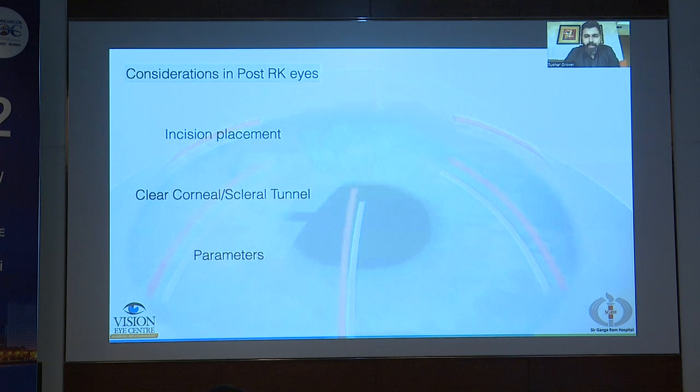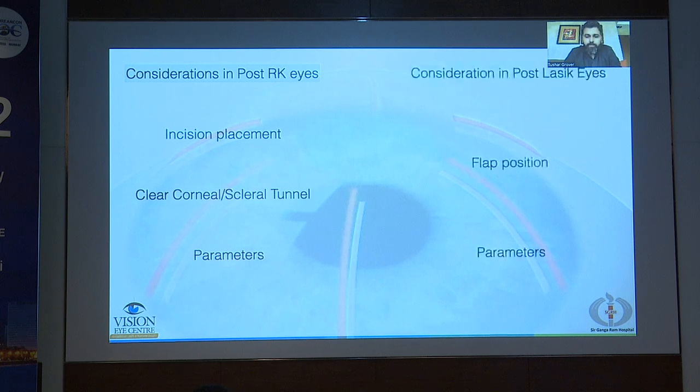But if there isn't, you have to plan a scleral tunnel. Also, you should keep your parameters reasonably low. You don't want the incisions to be opening up because that is something that can always happen. Also, to the extent possible, avoid chamber shallowing. Try and inflate the eye with viscoelastic as you withdraw your probe, etc.